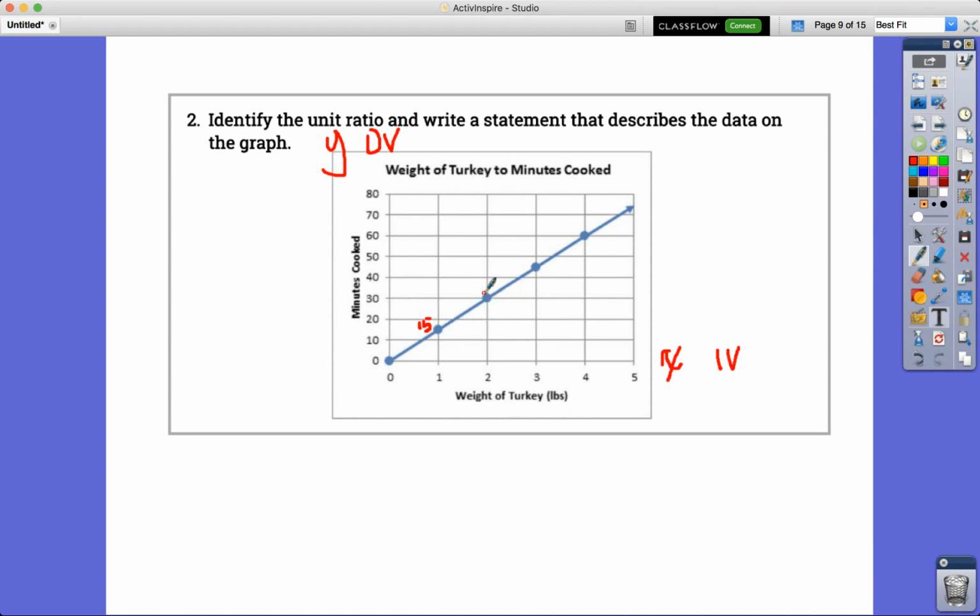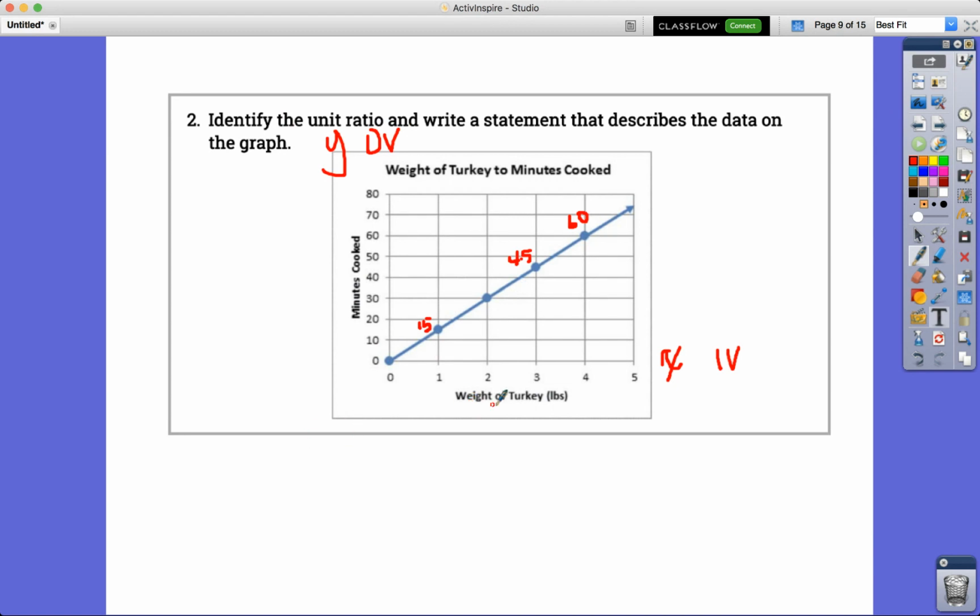Well, if I have 2 pounds, if this is 15 and I'm multiplying that by 2, this should be 30, and it is. Then my next increment, if it's 30 plus another 15, would be 45. And that is what this is. Halfway between 40 and 50 is 45. And then this would be 60, and sure enough, it's 60. So now you can be sure that you've read your graph correctly.